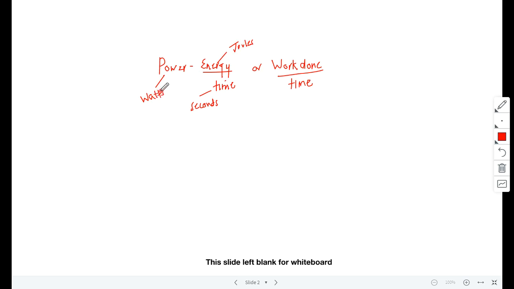Okay, and you want to write down the questions, right? Just 4 examples. So the first question was that a hair dryer transfers 48,000 joules of energy in 1 minute.